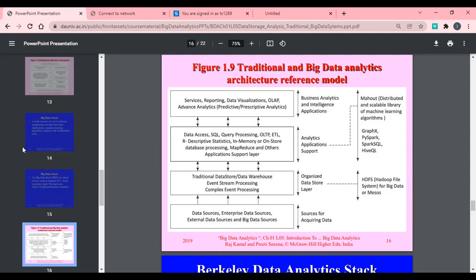In our traditional model, we have data store and data warehousing, event stream processing, complex event processing also possible. MapReduce methods are not possible, and data analytic methods, predictive and prescriptive analytics are not possible. Reporting and data visualization are also not possible for traditional systems. Enterprise data sources, external data sources and big data sources are possible in big data analytics. These are some differences between traditional and big data analytics methods.